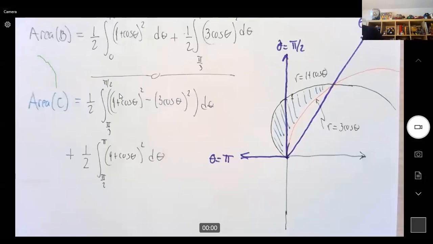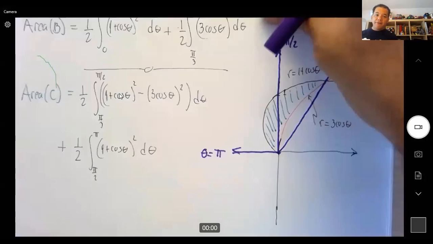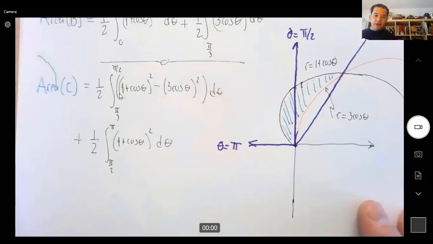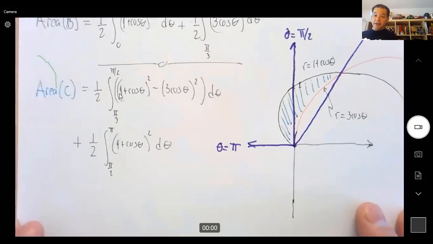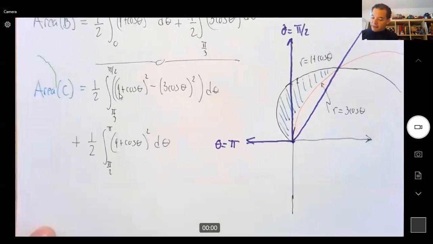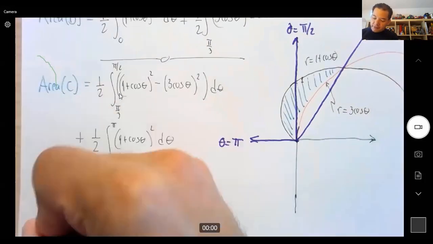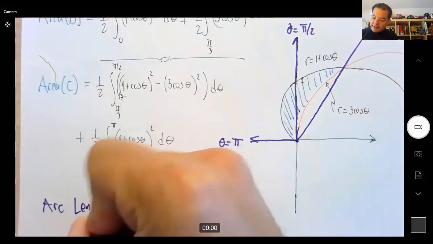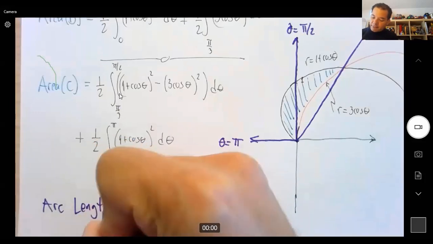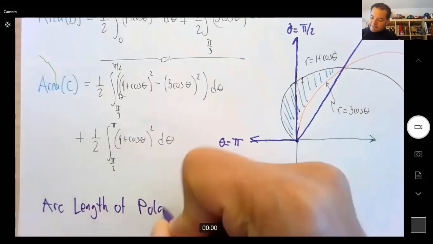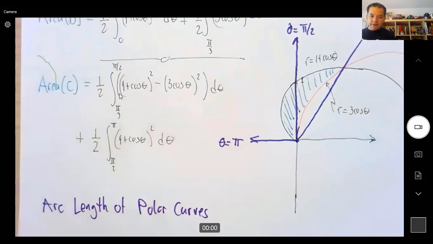Because I want to go to the next thing, which is the length of a polar curve. And that's the last calculus topic we want to talk about. In fact, it will be the last topic of this chapter. So after that, we'll move on to something else. So we want to talk about arc length of polar curves, right?